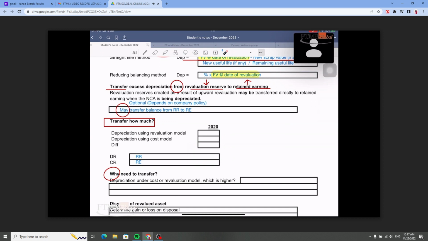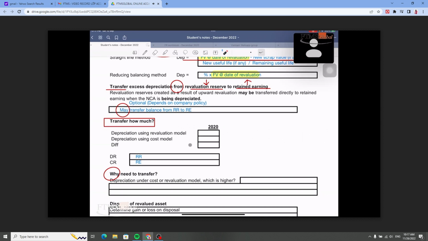Now I decided to revalue my building. 20 years later, how much do you think my building will be worth? Definitely higher, right? If I do a revaluation, my building is definitely worth much higher than 100,000. So based on that figure, when I calculate depreciation, will I get a higher or lower amount?